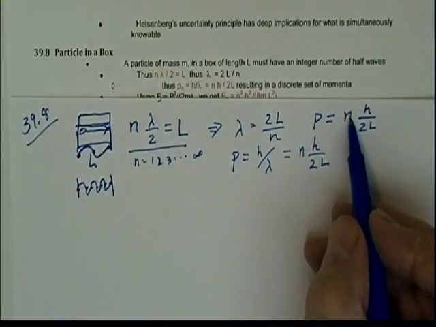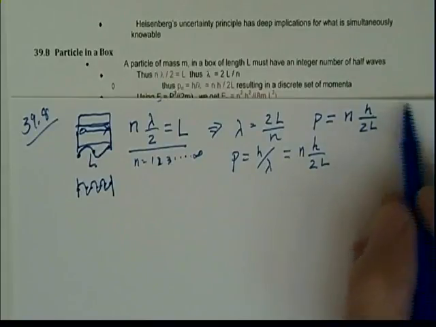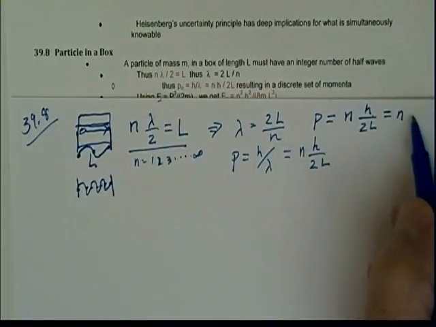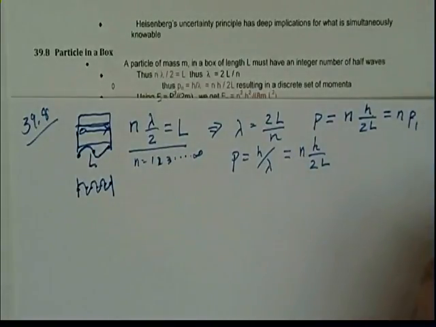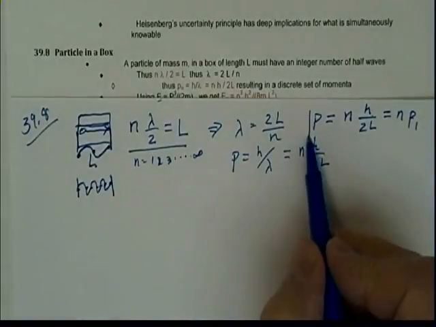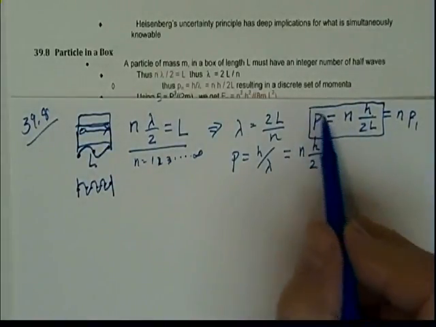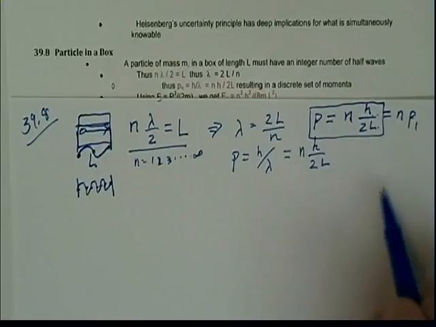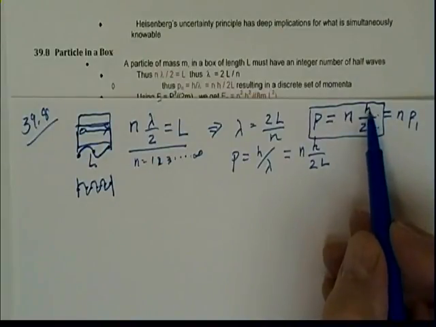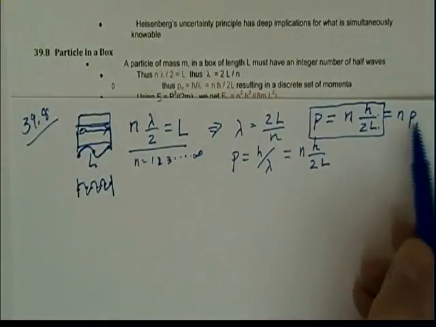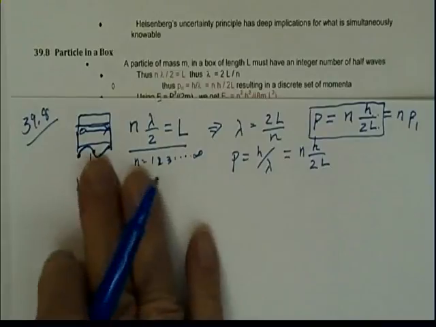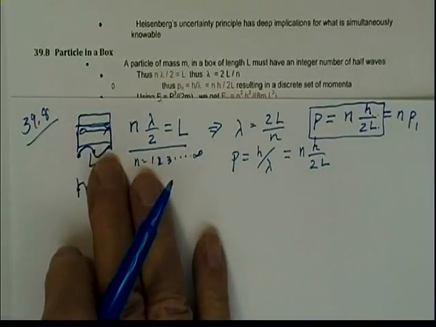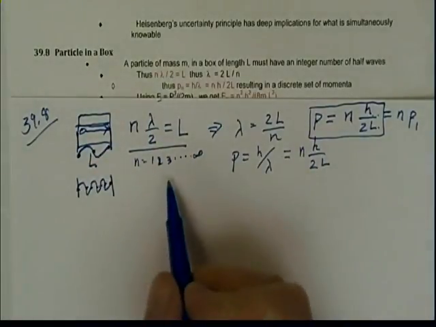And you can notice that when n is equal to 1, that's the lowest momentum. So it's an integer times the first momentum. Now that's incredible. This says that the momentum must be quantized. It is only an integer multiple of this basic value, which is the first momentum. So I can have twice that value, 3 times that value, but I can't have any other momentum in there. It will not live there in that box.